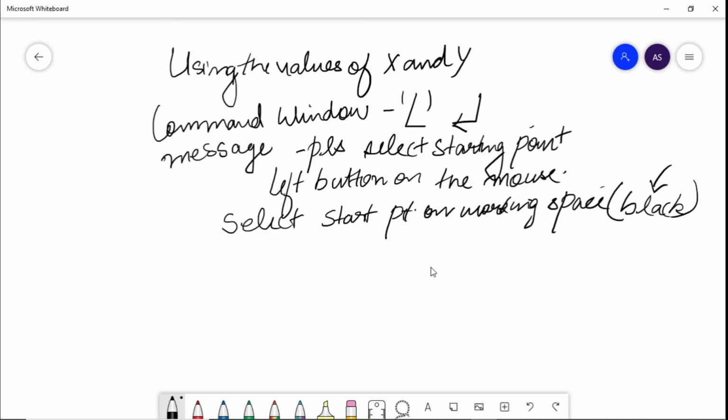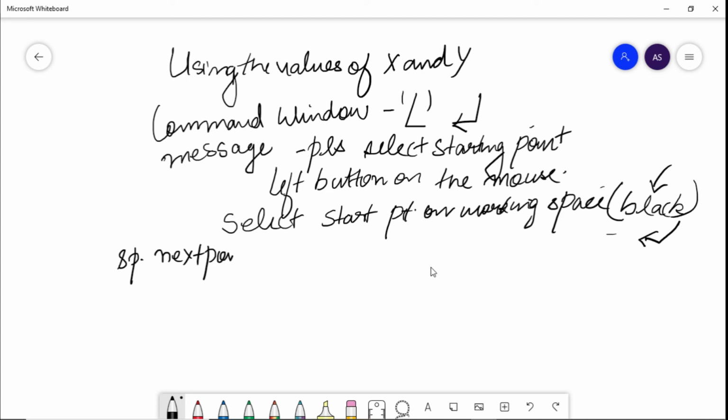If the default color of the working space is black, then the default color of the lines you draw is white, creating a contrast. Then after you have specified the starting point, you press enter, and a message will prompt, saying specify next point.